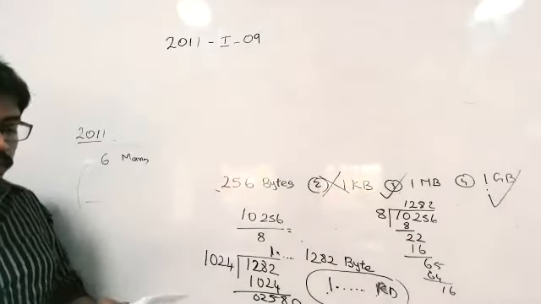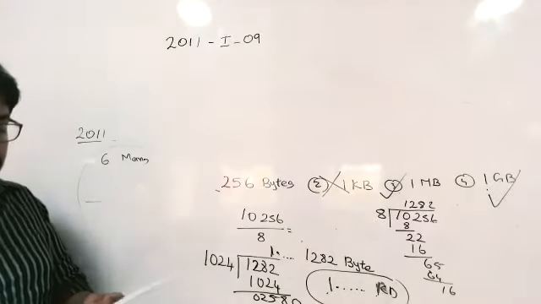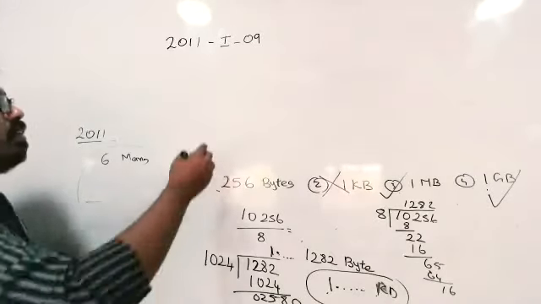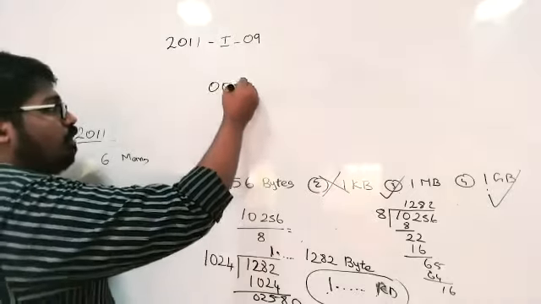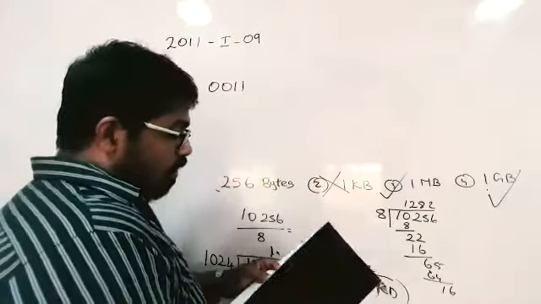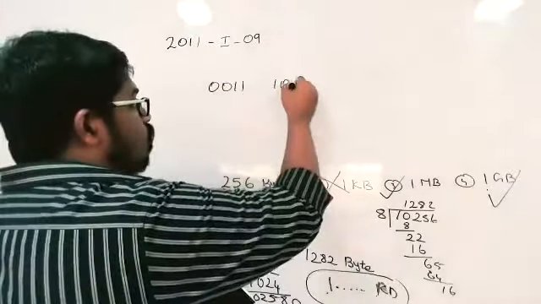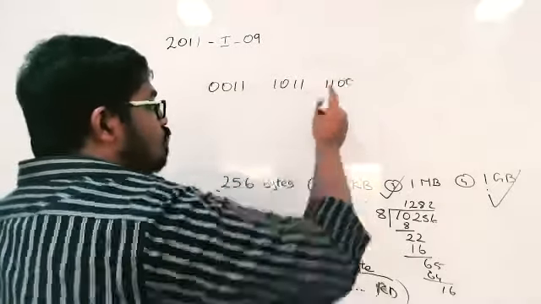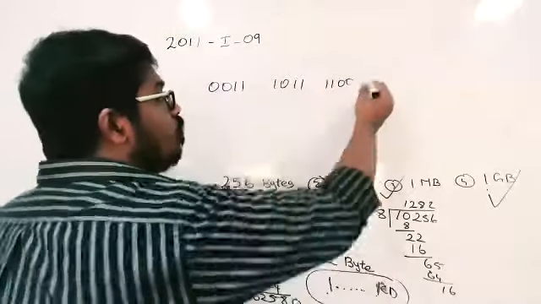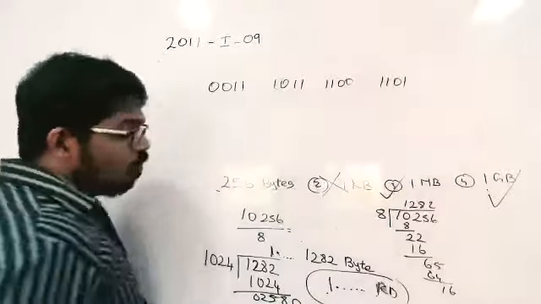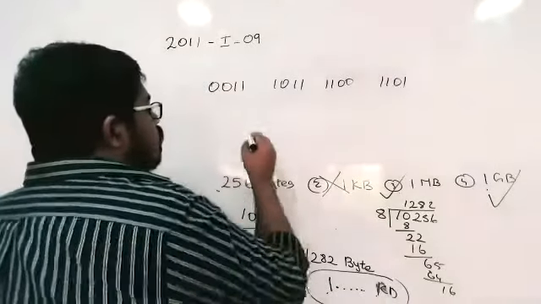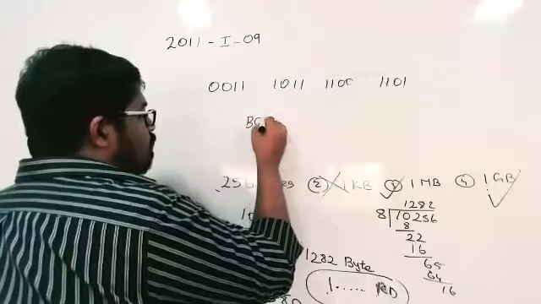They gave 4 BCD patterns and asked what is the valid one. 0011, 1011, 1100, 1101. Right?